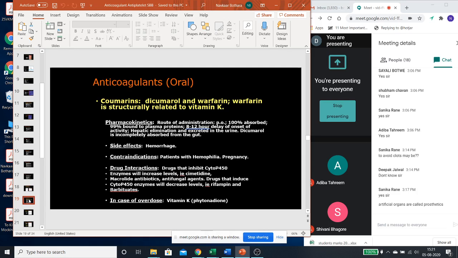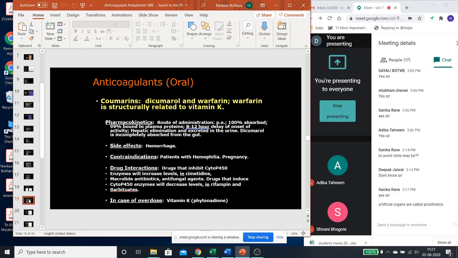Now if you understand, when a 100 milligram dose of drug is suppose given, it is not 100 milligram actually; the doses are from 1 milligram to 10 milligram. So suppose we have given a 1 milligram dose, that is 1000 microgram. Out of that, how much? 99% is bound.